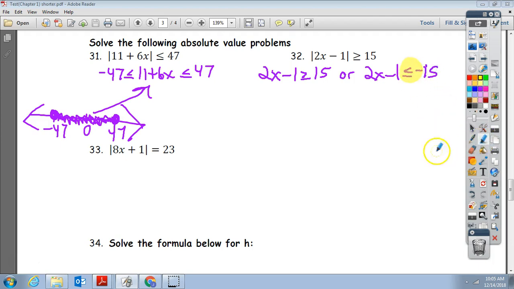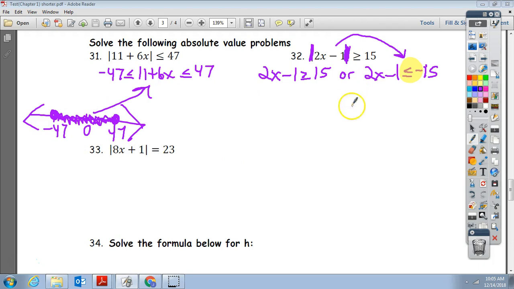This one always gets people right here, because in your brain you're saying less, that's no way, that says greater. But remember what it's saying is the distance. That's what absolute value means. The distance is greater, so the numbers would actually be smaller. Because if you go past negative 15, the numbers are getting tiny, but the distance is actually big.